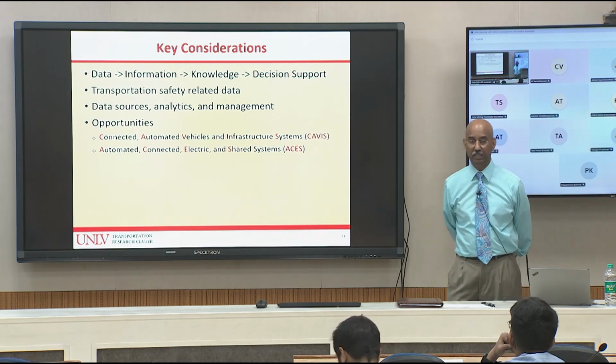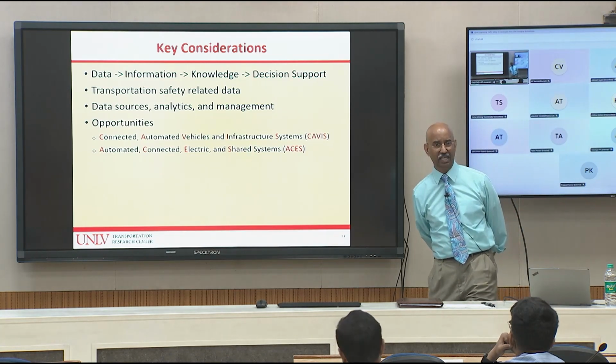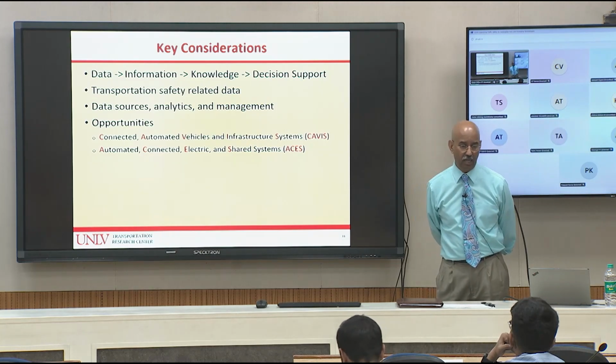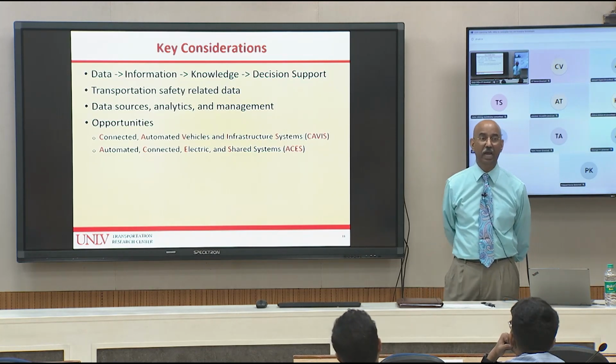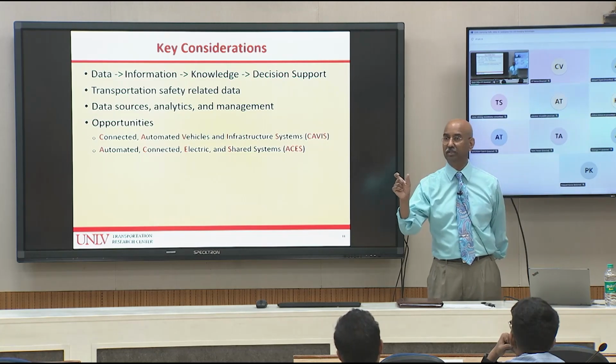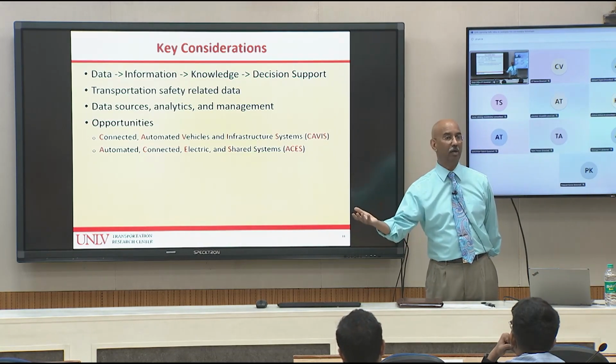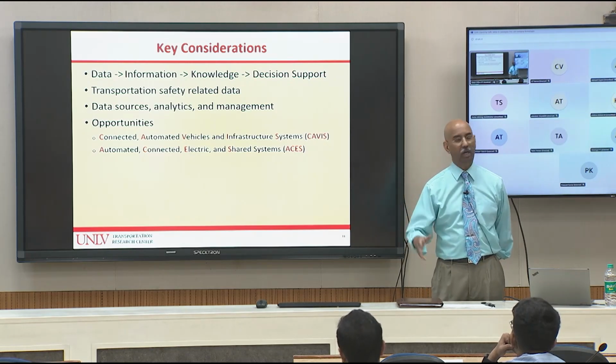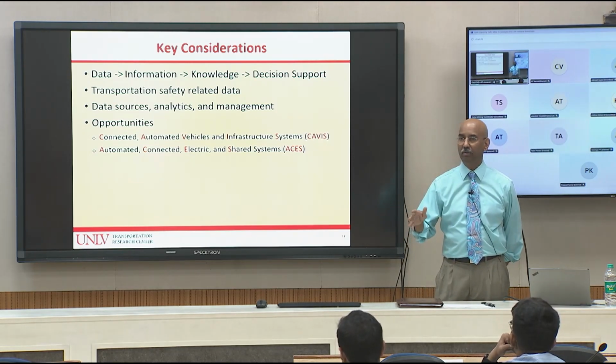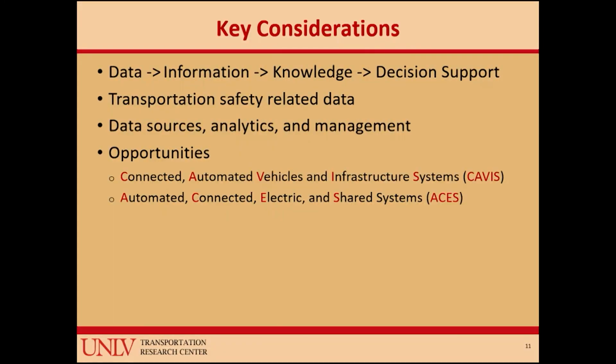The emerging fields are, you may have heard of CAV, connected automated vehicles. I use the word CAVIS, the IS is for infrastructure systems, because we have sensors on the road, along the road, around the road, that we can use to tie to the road users, the road itself.